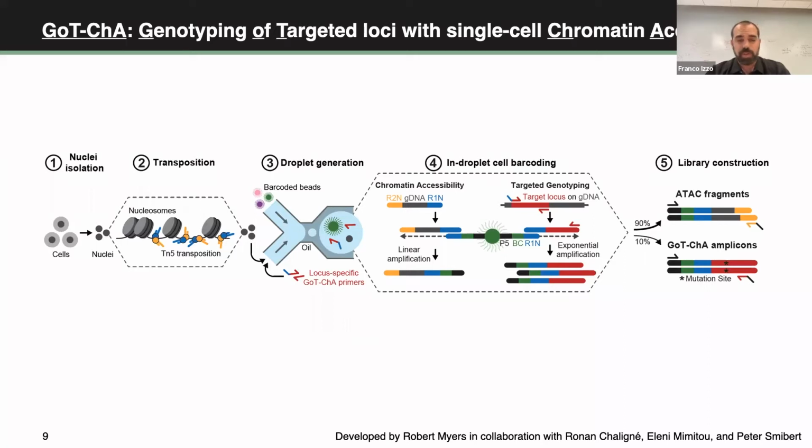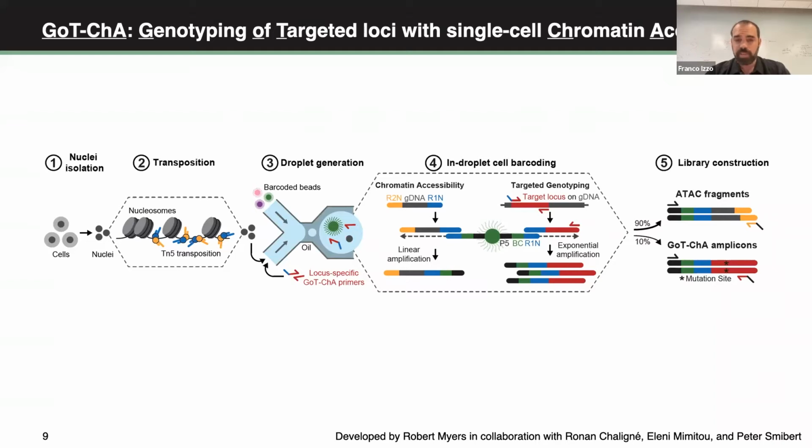But further, we need to enrich these genotyping molecules out of a multitude of ATAC fragments. So what we did was to add a second GoTChA primer, which allows for exponential amplification of the GoTChA fragments, while the ATAC fragments are only linearly amplified, as observed there in step 4.